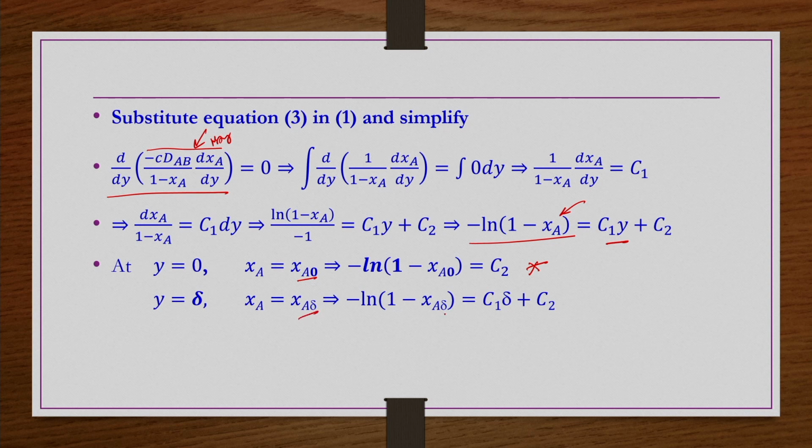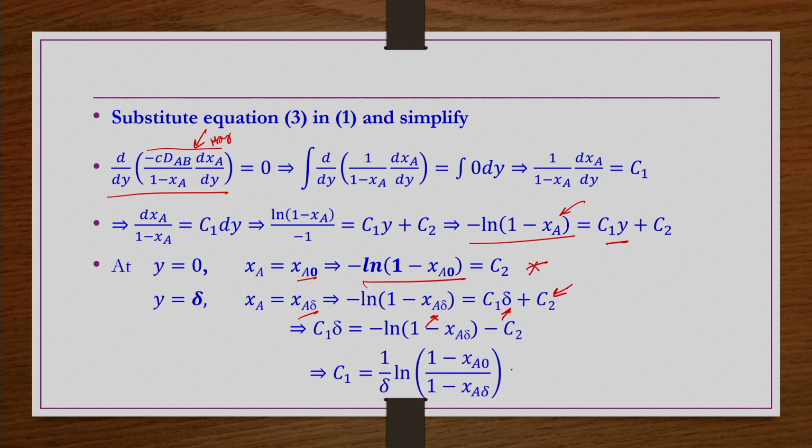So, in place of x_A you write x_Aδ, in place of y you write delta, and C2 you already got as minus ln(1 minus x_A0). Then you get C1, that is nothing but (1/delta) ln[(1 minus x_A0)/(1 minus x_Aδ)]. So, this C1 and this C2 we are substituting in this equation to get the concentration profile.